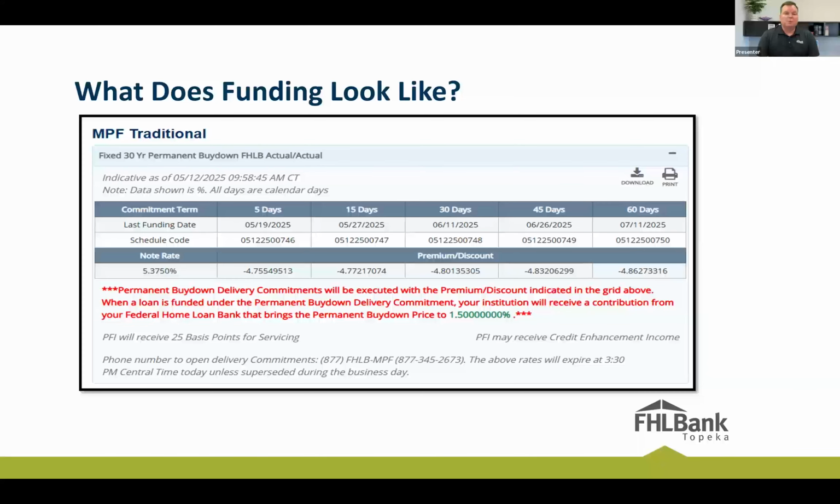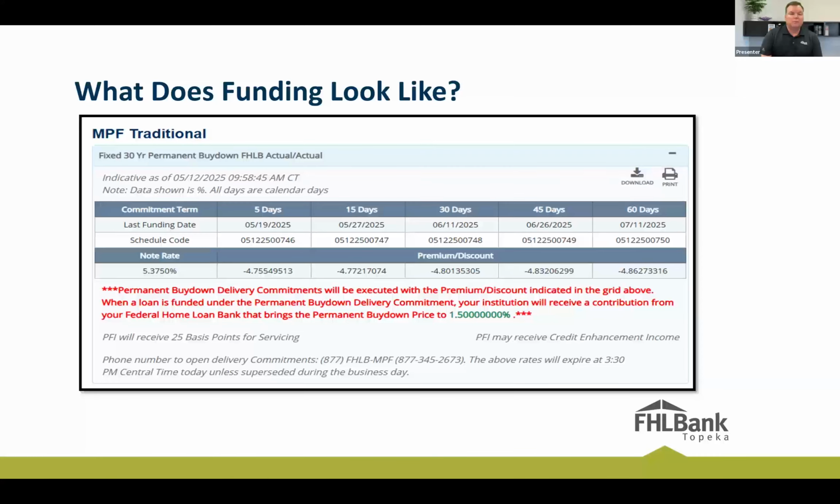What this is basically is we're identifying what the price would be on this particular rate based on the market. But know that the Federal Home Loan Bank is going to be paying that 4.86 discount. And we won't be passing that along to the member with this. And then below in the red and then the festive green, you'll see the notation of this would be executed.